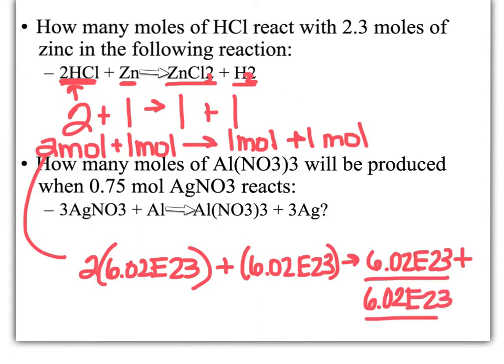That's the relationship between them. So just like it would take 2 molecules of this to react with one of these, it would also take 2 moles of this to react with 1 mole of these.